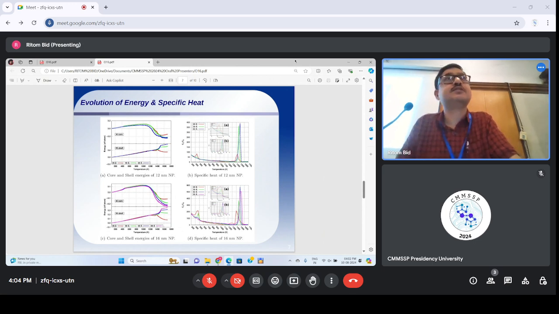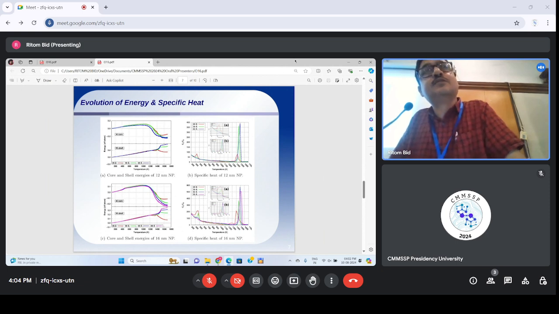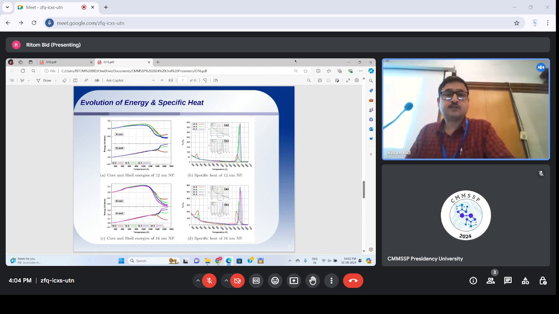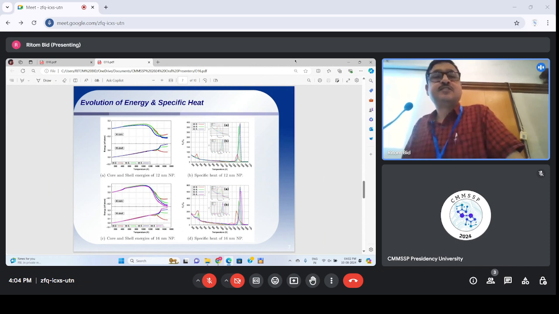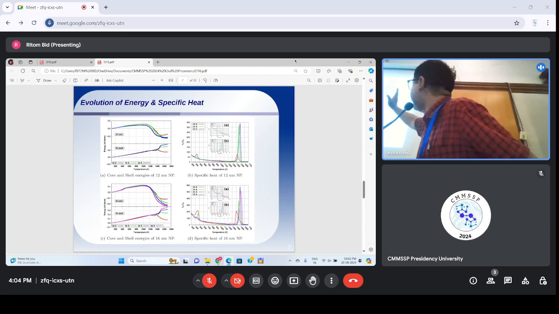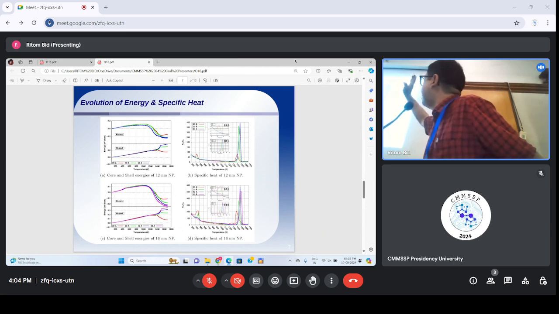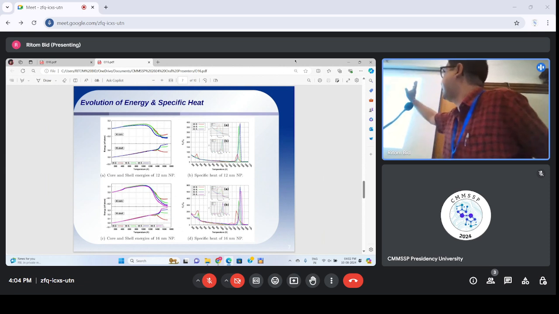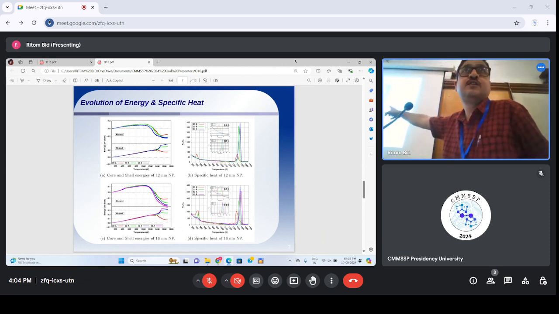You are not going to conclude that there is some kind of phase transition going on? Yeah, melting is a phase transition. That is the melting transition. So basically this peak corresponds to the melting occurring at that particular temperature for nickel.